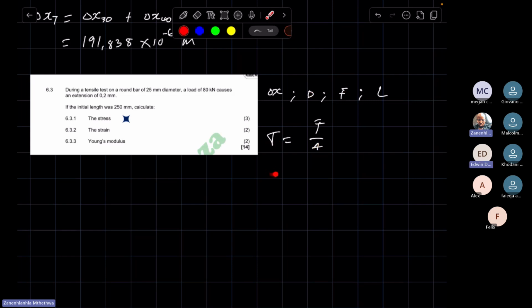Strain is change in x over the original length. You've been given the extension, that's the change in x, and the original length, so you can get the strain. And Young's modulus is stress over strain, which you will have calculated.